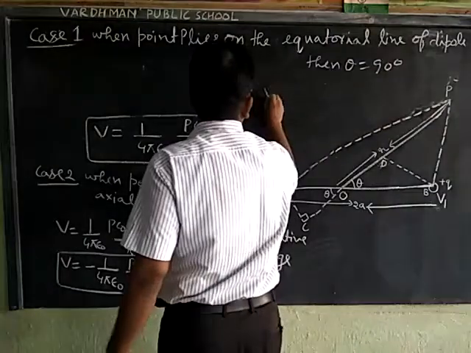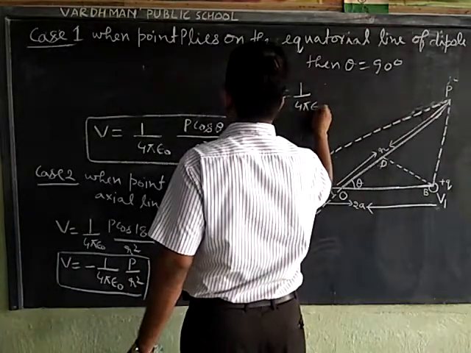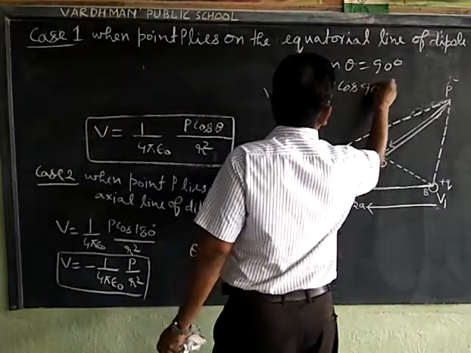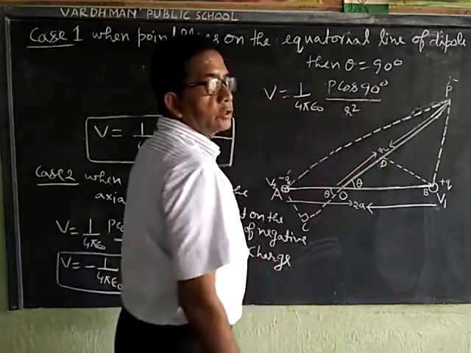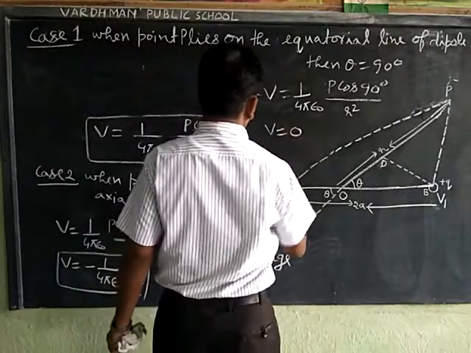Then V is equal to 1 upon 4 pi epsilon naught p cos 90 upon r square. Cos 90 is equal to 0, therefore V is equal to 0.